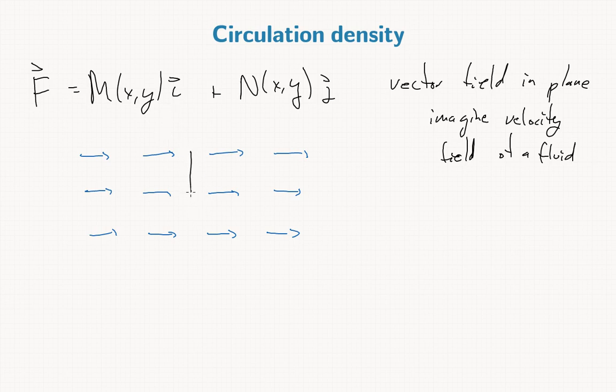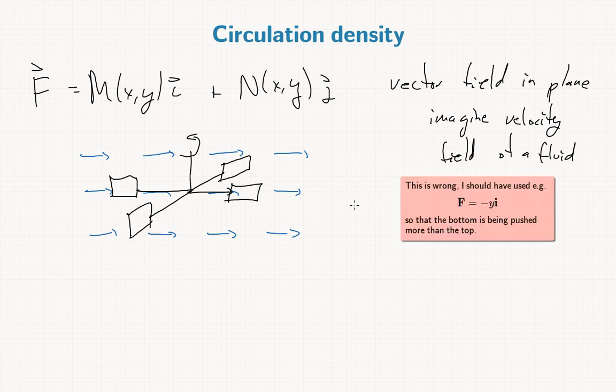But if we put a paddle wheel into this stream, then we can see that this river will cause this wheel to rotate counterclockwise when viewed from the top. So in this case, F is just i.